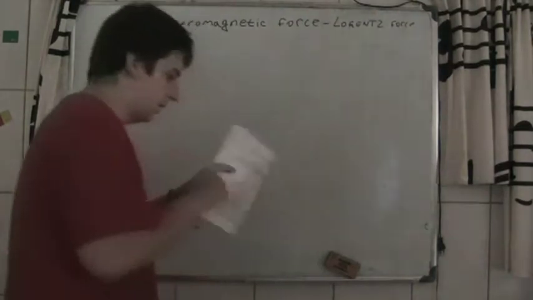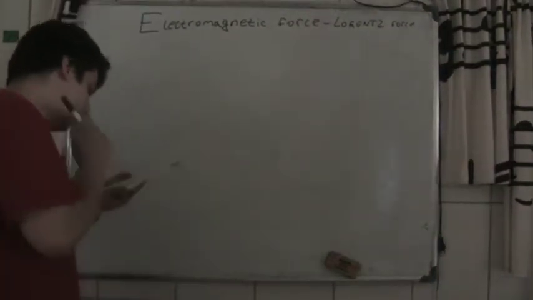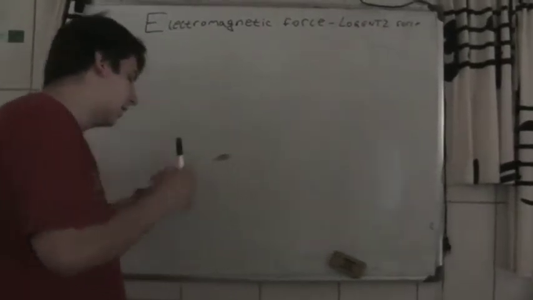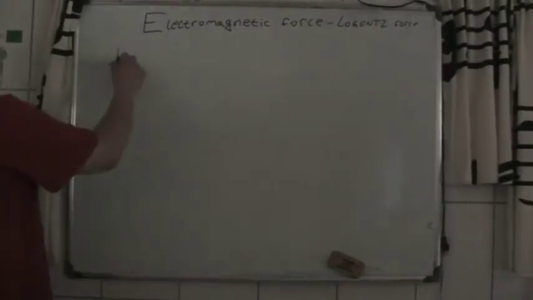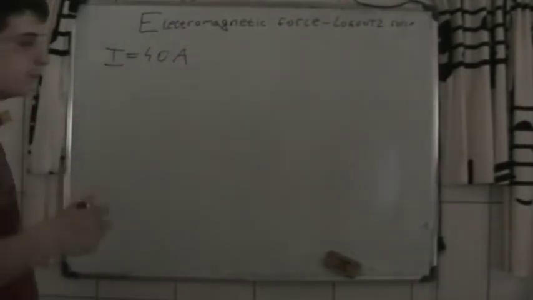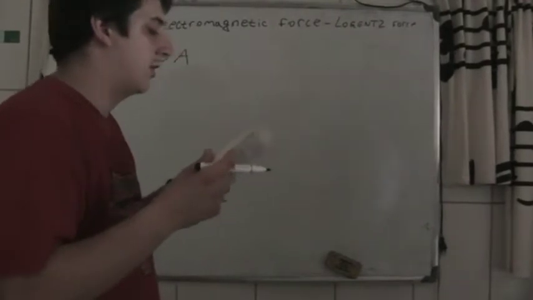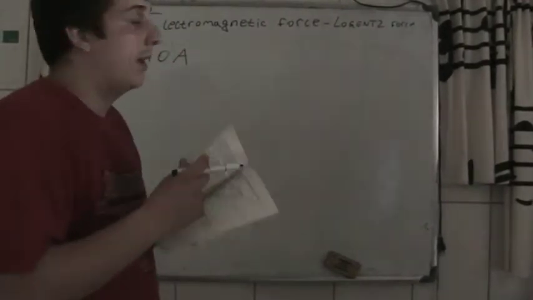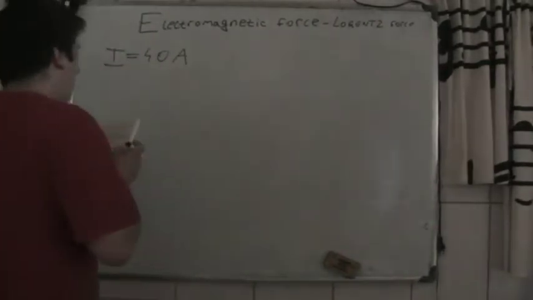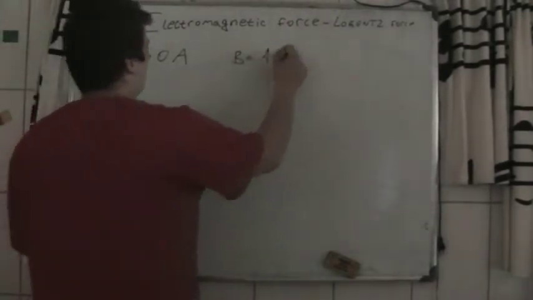Okay, so for example, through a conductor there is a flow of an electric current of 40 amperes, and that conductor is in the magnetic field where the magnetic induction is 1 Tesla.